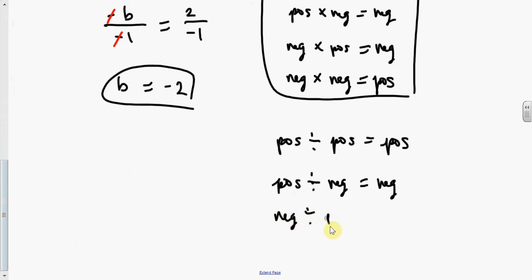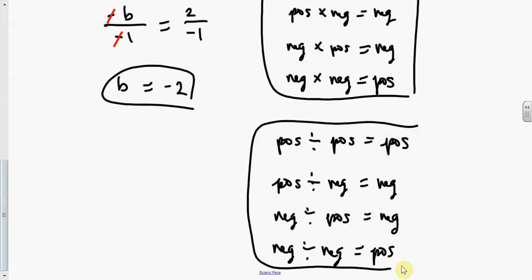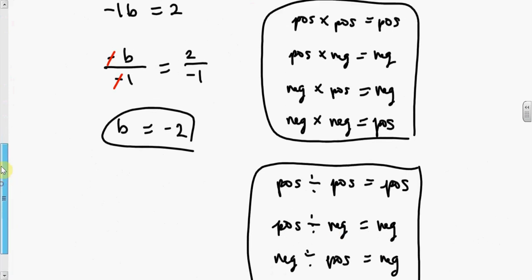Negative divided by positive is negative. And negative divided by negative is positive. For multiplying signed numbers and dividing signed numbers, the results are the same.